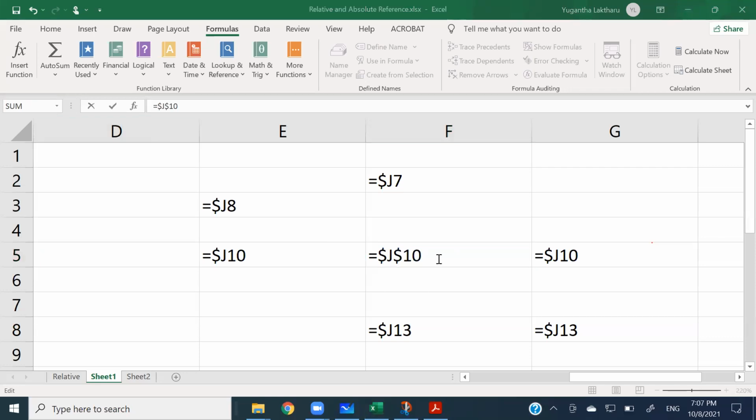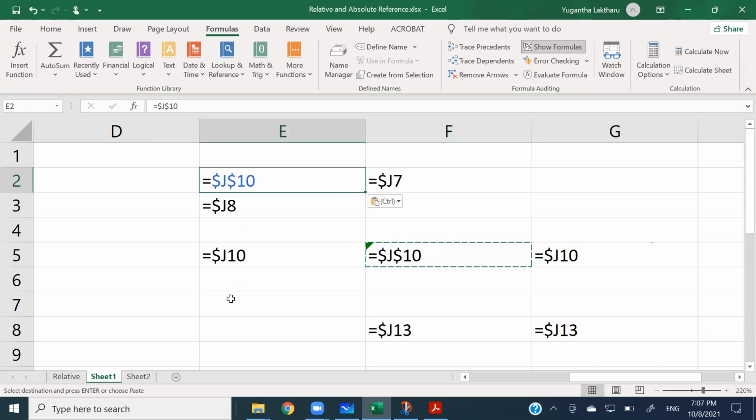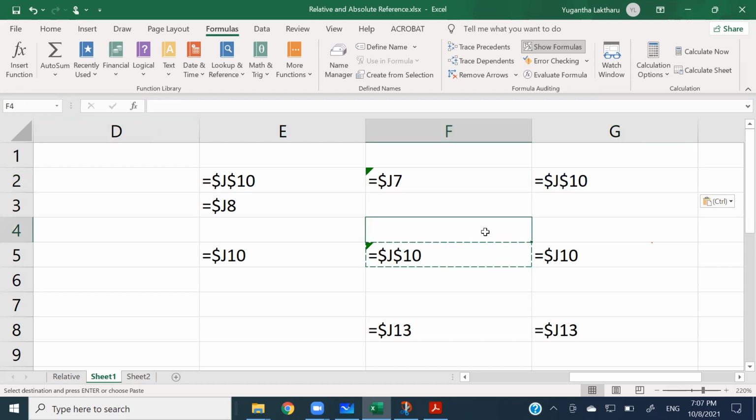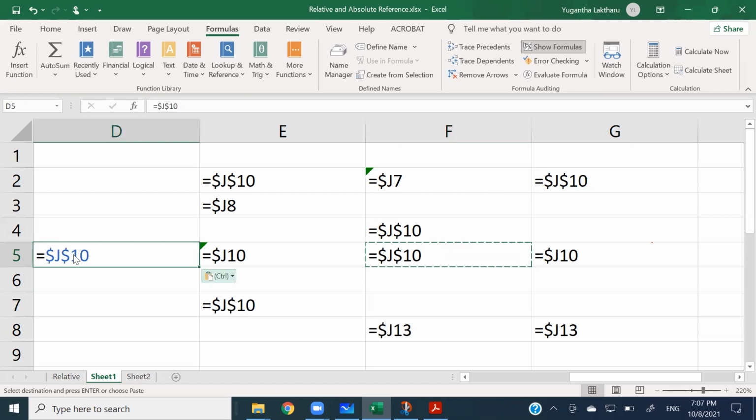Now you will see once I copy this to any place, it's going to be always $J and $10. See, it's $J and $10. You name a place, it's not going to change. To anywhere, it's $J and $10.